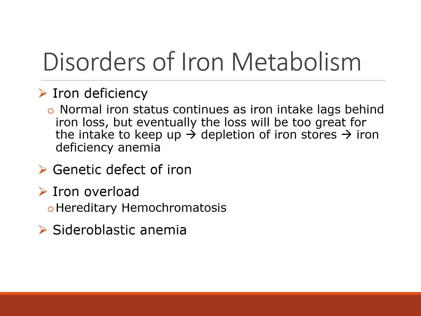The other types of disorders might be a genetic defect of iron. So maybe we have a gene where we don't have the ability to take the iron that we have stored and implement it into our hemoglobin molecule. We might have overload. So hereditary hemochromatosis is a big one.